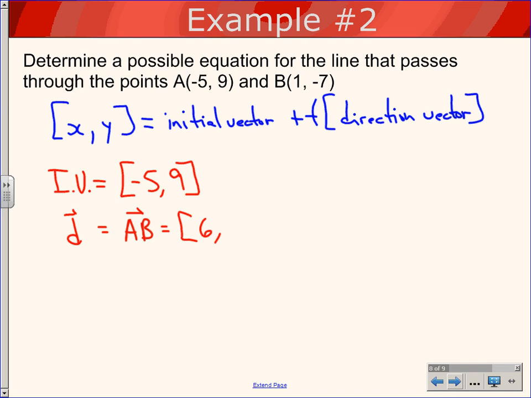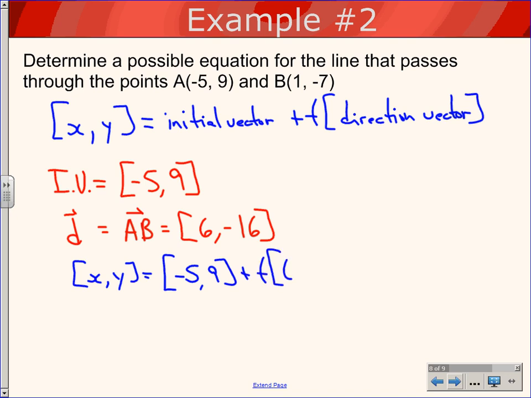And to go from 9 to minus 7, I think I subtracted 16 on that one. Yeah, pretty sure that's right. So now I have an initial vector and I have a direction vector. So my equation of the line would be the initial vector minus 5, 9 plus t times 6, minus 16.